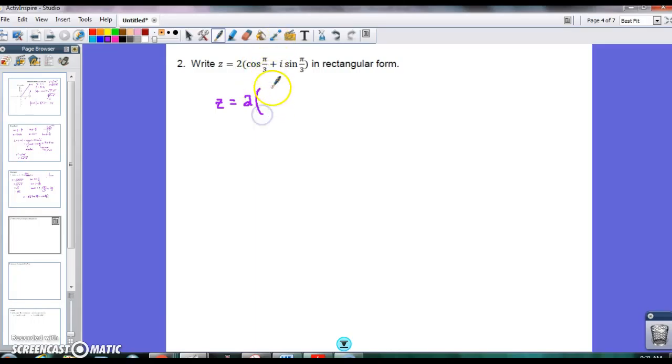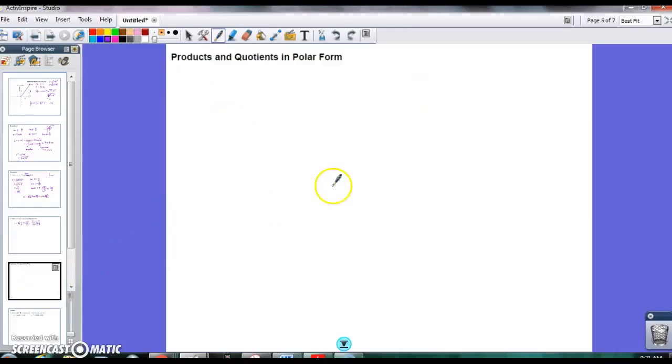The cosine of pi over 3 is 1/2. The sine of pi over 3 is root 3 over 2. If I distribute that 2, I end up with 1 plus i root 3. And that's my number in rectangular form. So that one is much easier to do.